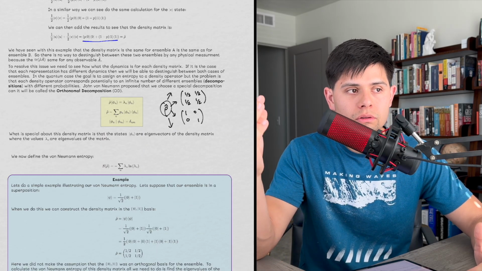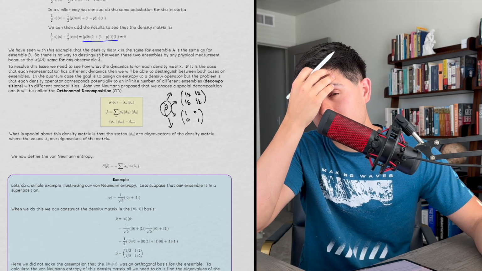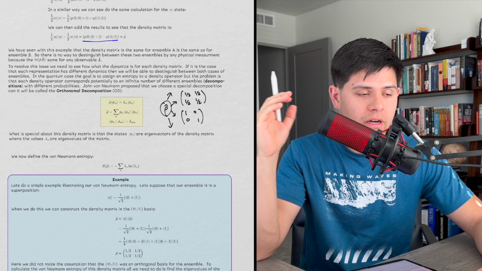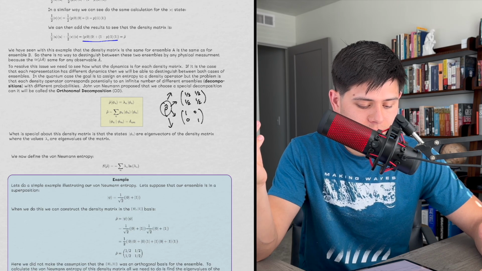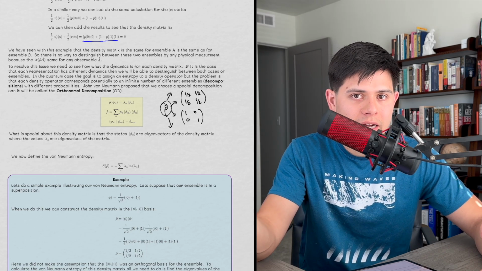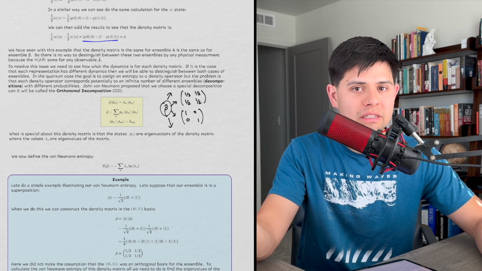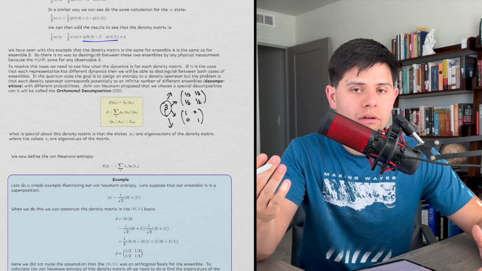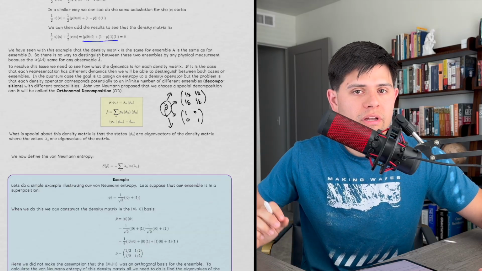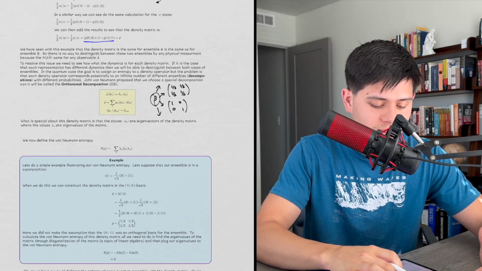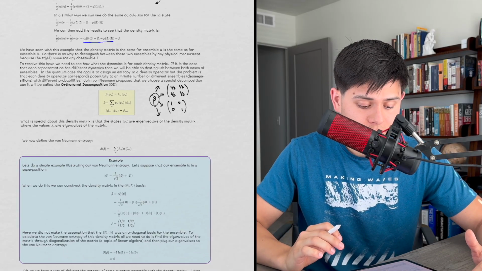Fundamentally, von Neumann entropy is an entropy of the eigenvalues of our density matrix. We'll dive deep into how we can make sense of these eigenvalues physically later. But let's just get some example problems under our feet so that we can make sense of this before we go any further.